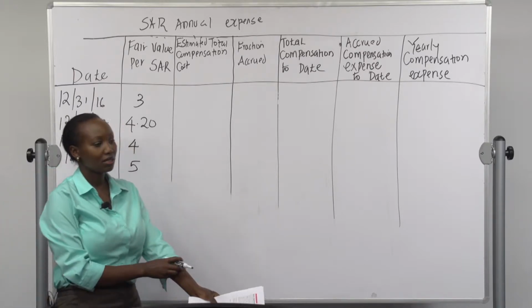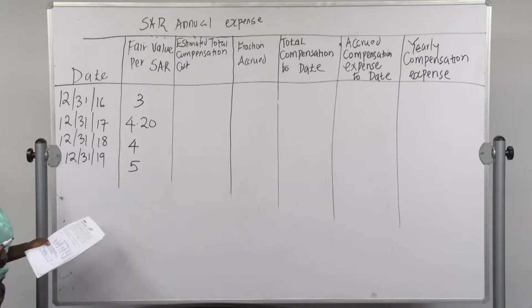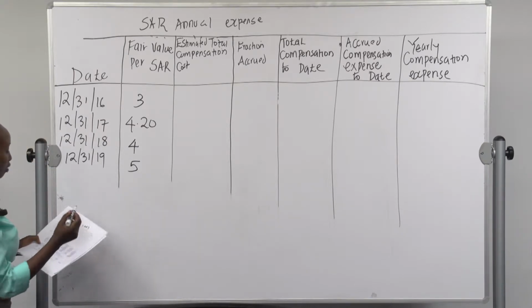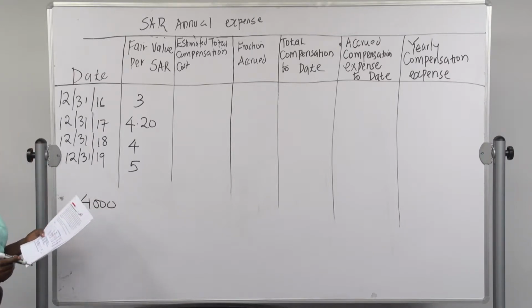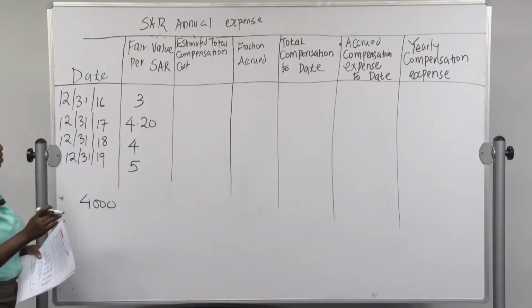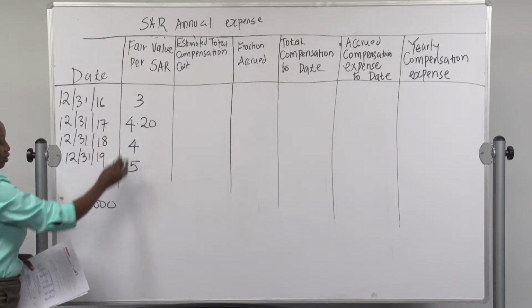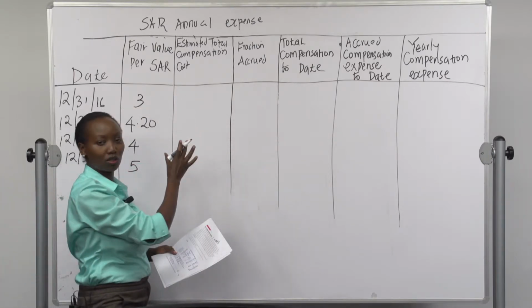For the estimated total compensation, we're going to compute this based on the fact that he was given 4,000 shares, and at that time, the fair value is $3 for 2016. So we'll do $3 times 4,000 shares. That's how we get the estimated total compensation.